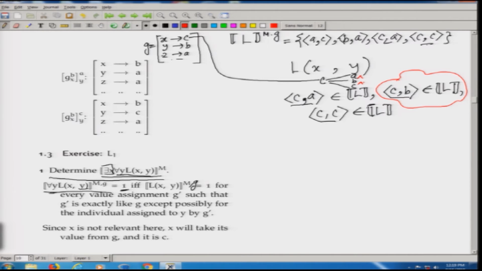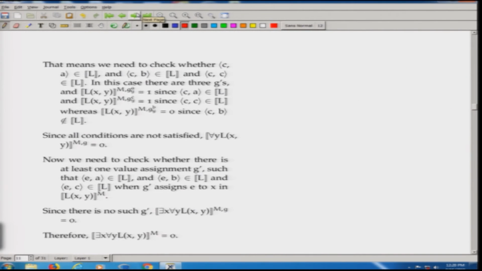That is, you must have the pairing C A and C B and C C. Since a proposition having AND is not true, we must say that since C C does not belong to L, this part is 0.